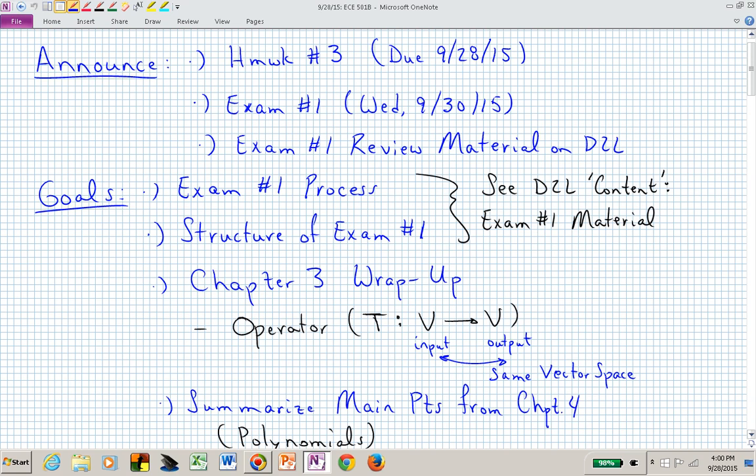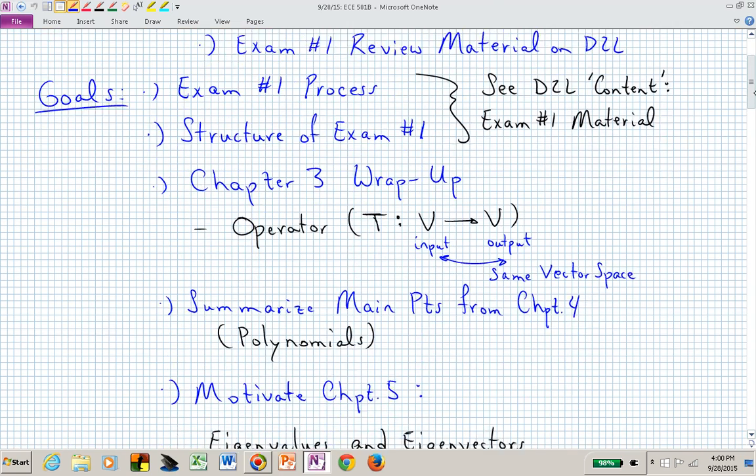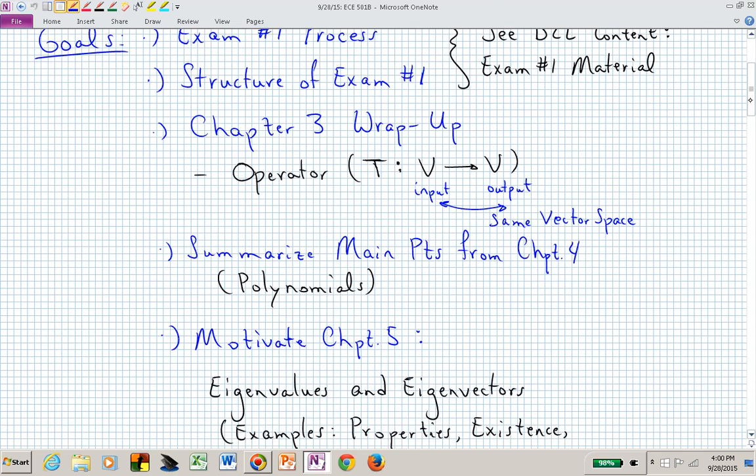There is review material again on D2L. Today what I want to do, although I almost forgot, is talk about this one last theorem in Chapter 3 as a wrap-up. You've had to use it, I think, on your homework, potentially, but it's talking about operators, which are linear maps where your domain and your codomain are the same.